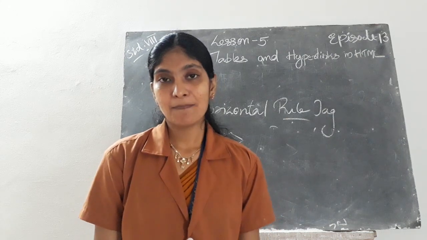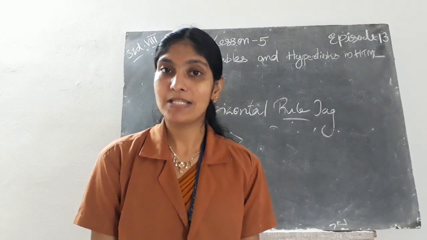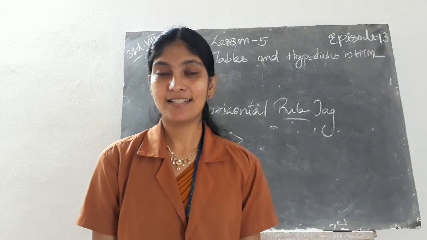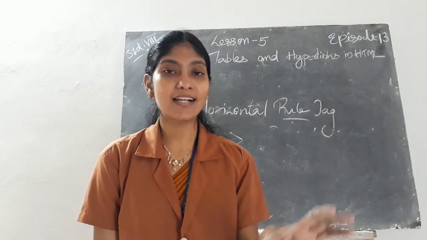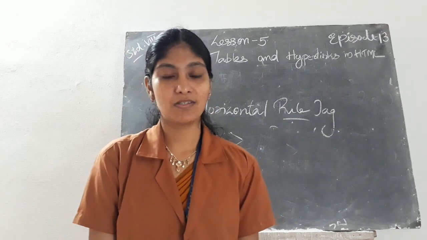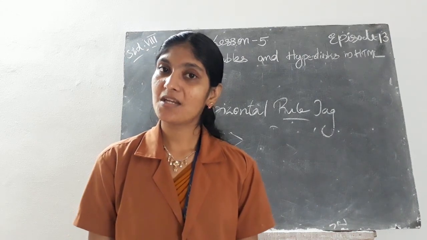Then hypertext means it is the text with cross-reference links between the pages. Then it contains tags. Tags means it is a markup which indicates how the content should look. Then next is attributes. Attribute means it provides additional information to the tag.